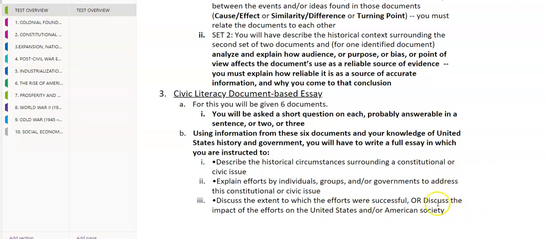If you hit each of these, and you make some kind of reference to each of the 6 documents, and you bring in something outside the documents that you know about the issue, well, you're giving yourself a fighting chance to get at least a 3, maybe a 4, maybe even 5 out of 5 on this essay. And that's going to make a big difference because you're going up a whole column on that chart I showed you.